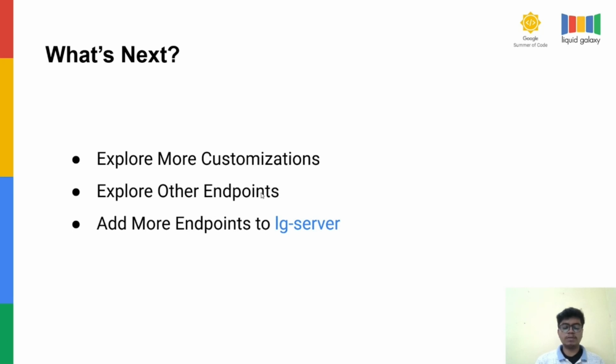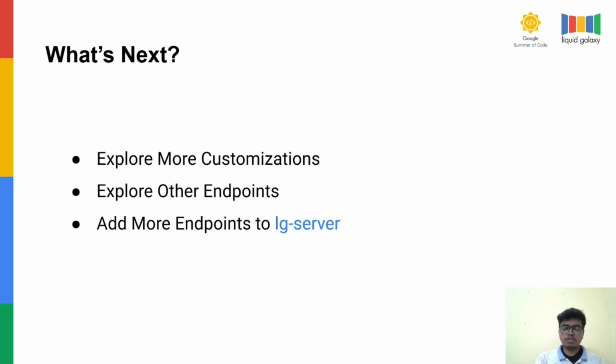The next part is to explore other endpoints. There are many endpoints in the LG server. I have covered some of them, but you can also take experience of the others. And the next thing is to add more endpoints to the LG server. If you are interested in the backend part, then you can add more endpoints to the LG server.